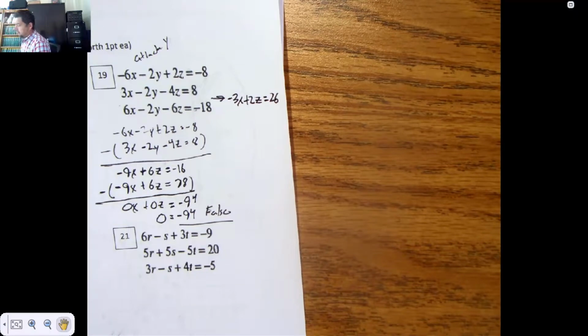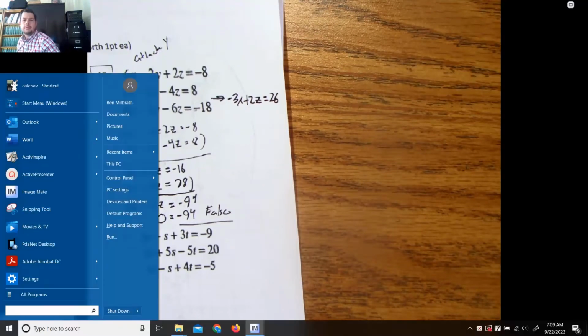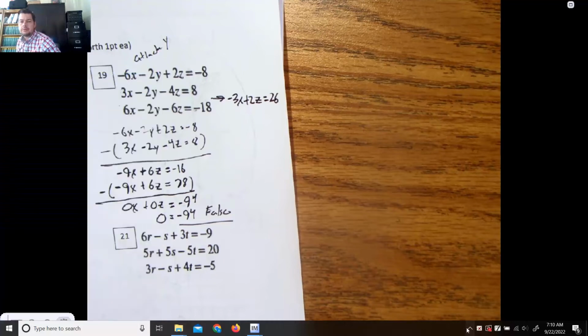Well, according to my unit II homework 14, I should have got a dependent system. So that's kind of interesting. So now I need to go back and make sure I didn't make any mistakes. Pause this real quick while I double check some stuff so I don't waste your time.